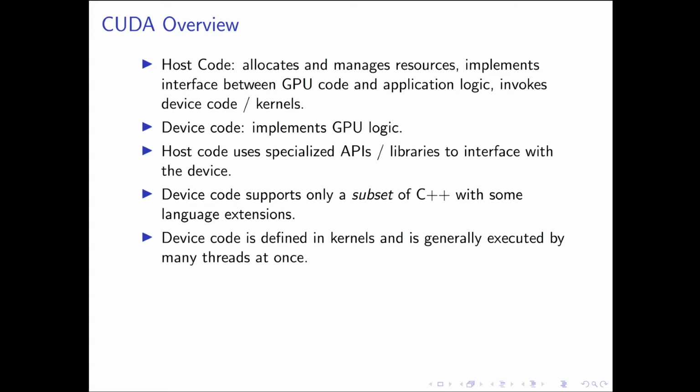For the device side, we have a subset of C and C++ that can be used in those kernel functions, and they are basically a language extension. There are certain keywords that come on top of C++, like for instance the global keyword and the device and host keywords that we already saw. So those are extensions. On the host side, the code, with very few exceptions, is pretty much ordinary C or C++ code.